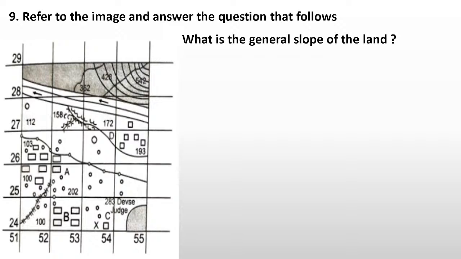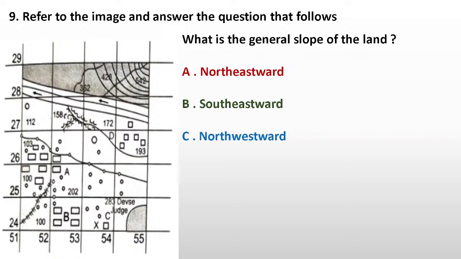Your options are A. Northeastward, B. Southeastward, C. Northwestward, D. Southwestward. Look at the image and then answer what is the general slope of the land.